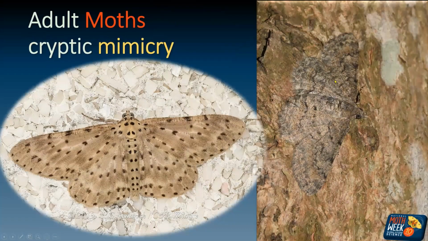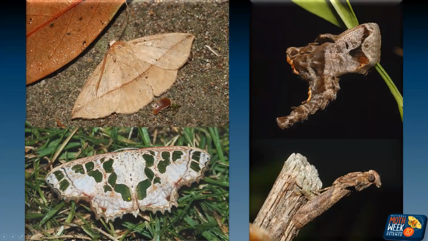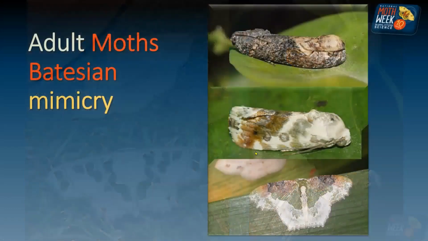It hides away by day, resting on a tree trunk, resting on a stone, looking like a dead leaf, looking like a half-eaten leaf, or perhaps like a broken twig, or perhaps butt end of a twig. Many different forms of hiding, of crypsis, looking like your background.